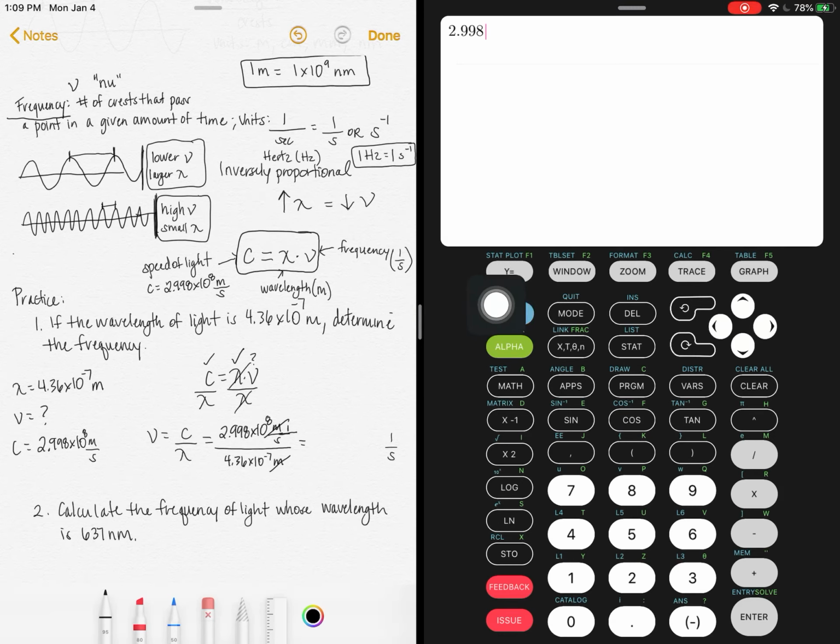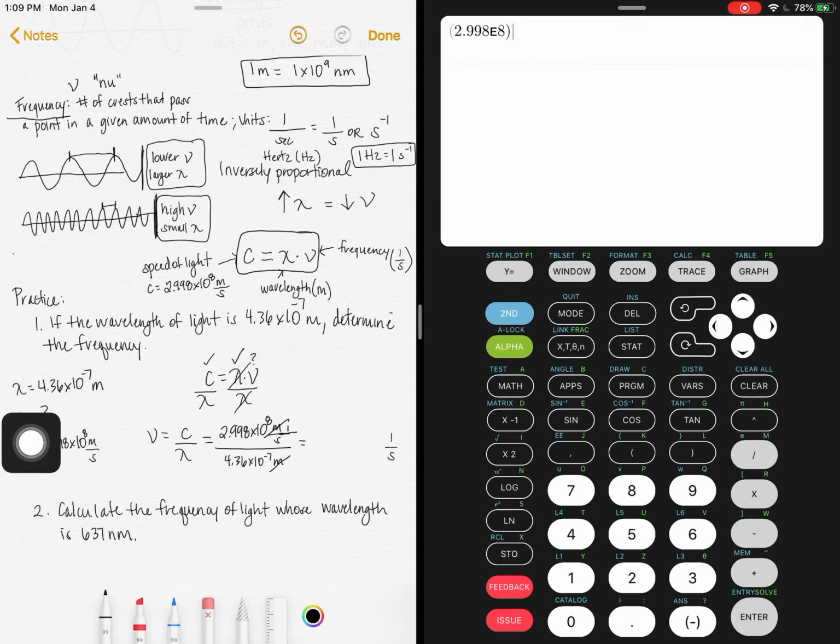You're going to hit the second, which is up here, second, and then the button above the 7 because it says EE. And that's what the calculator knows to be times 10. So 2.998 times 10, right, to the 8th power. And then just to make sure I don't mess this up, I'm going to put this in parentheses. So I just hit the close parentheses and it automatically put it in parentheses for me.